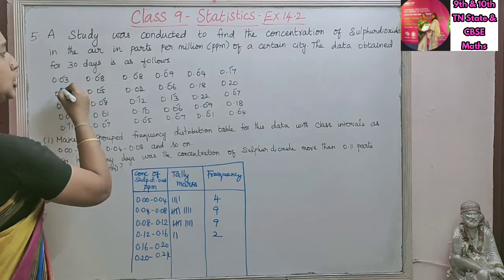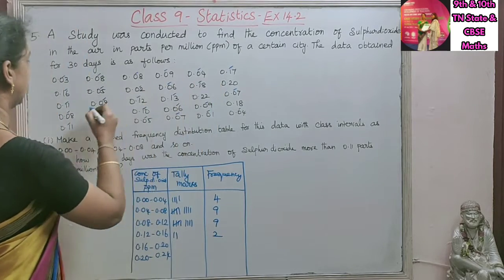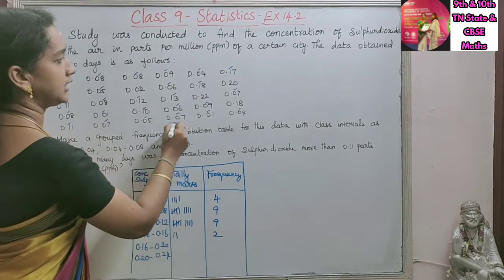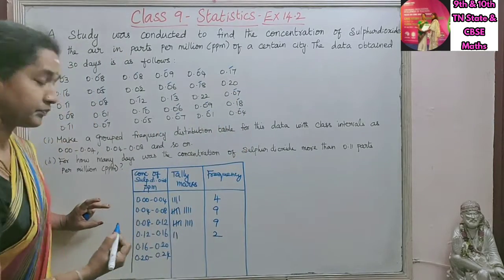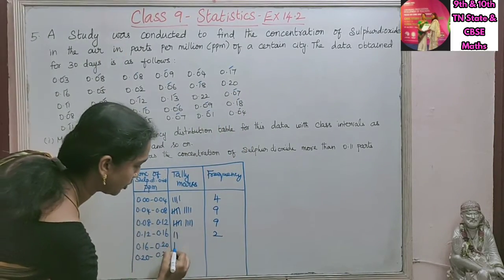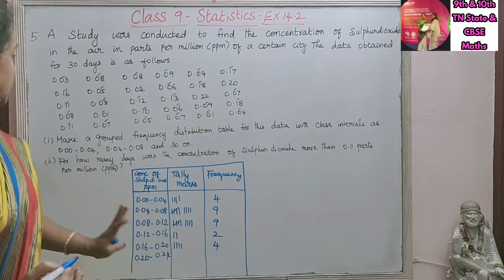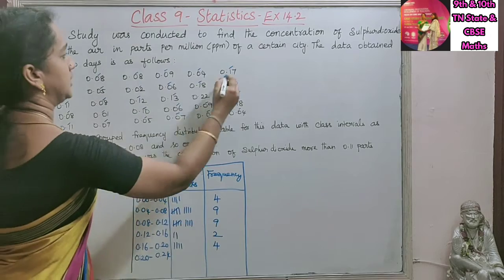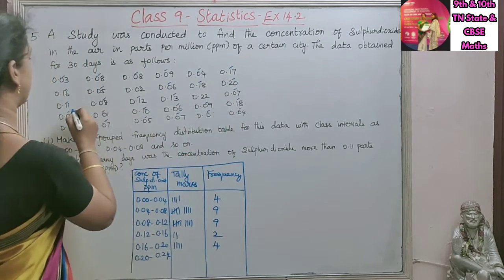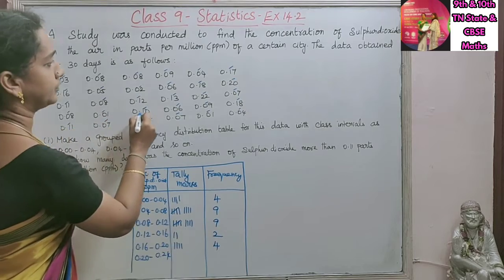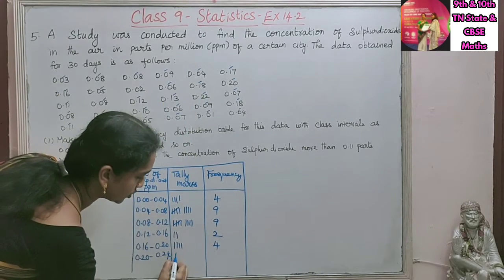Here 1, 2, 3, 4. So 4 for this. Then 0.20 to 0.21. Here 1 is there, then 2. Only 2 here.